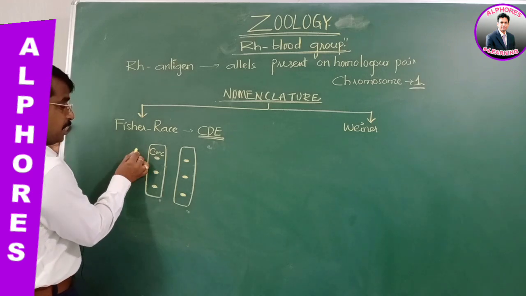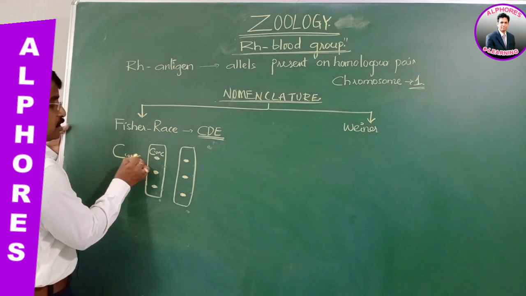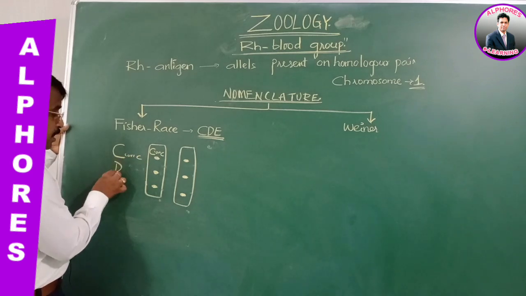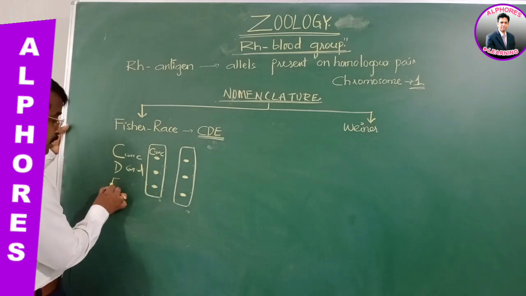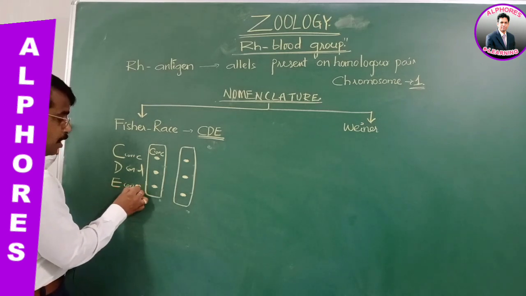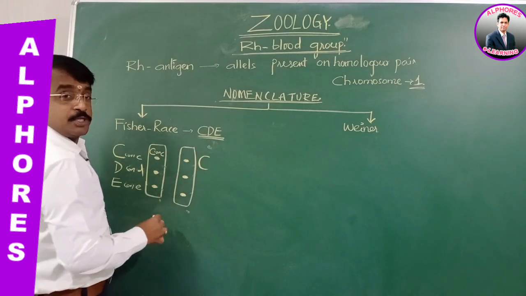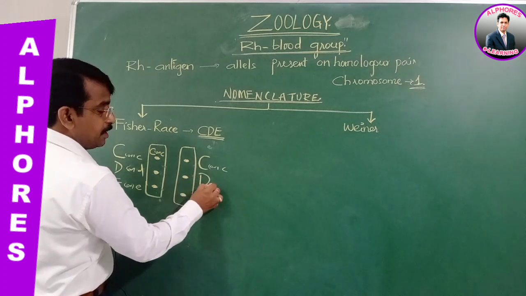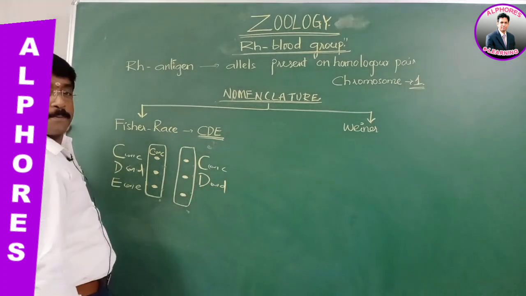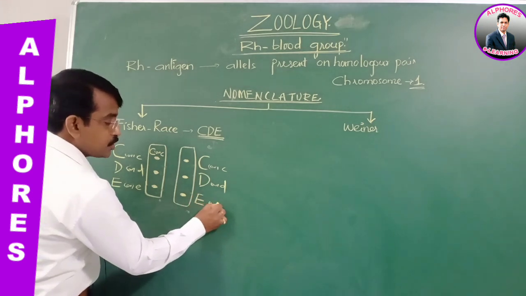I repeat, it is either capital C or small c, capital D or small d, capital E or small e. The same way on the other, either capital C or small c, capital D or small d, capital E or small e.